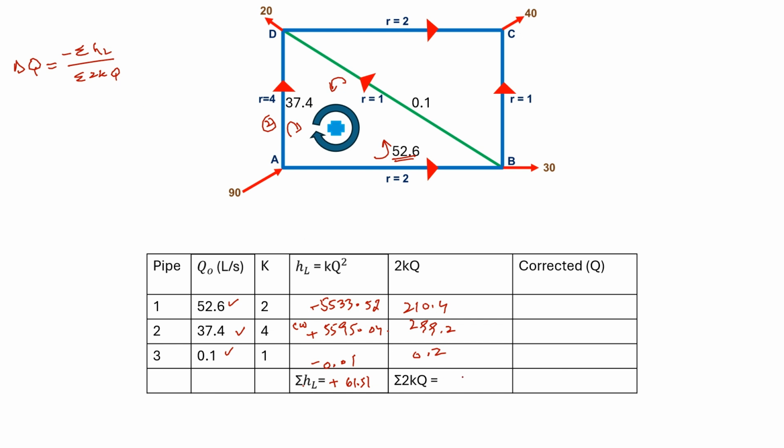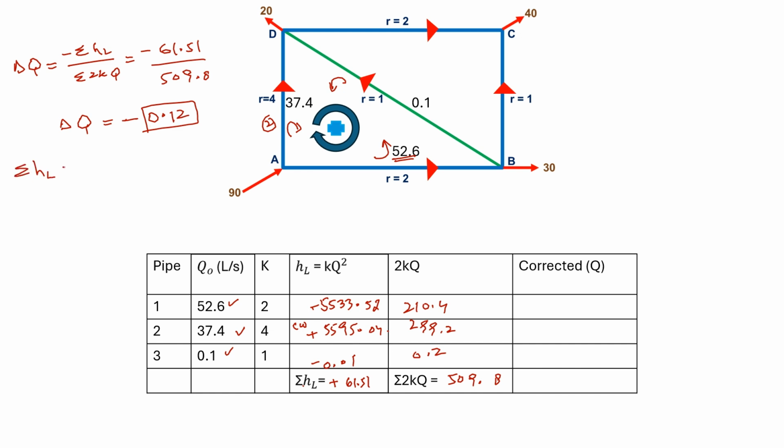So its summation will be equal to 509.8. So just put the values, 61.51 and 509.8. Delta Q will be equal to minus 0.12. So we have to apply a correction of 0.12.